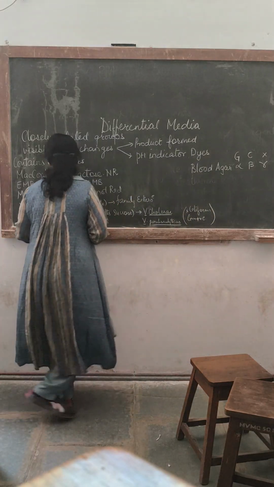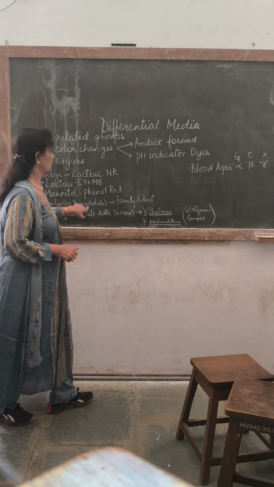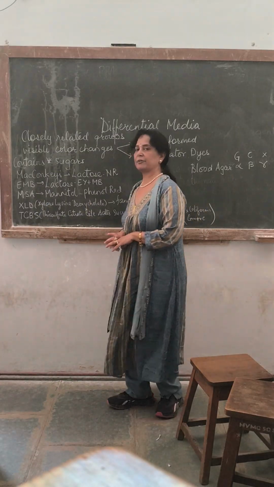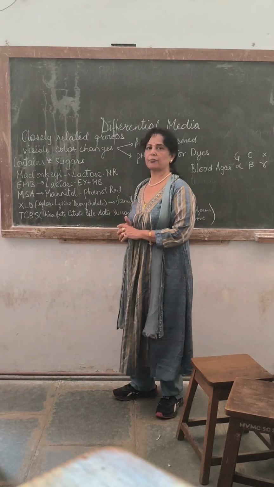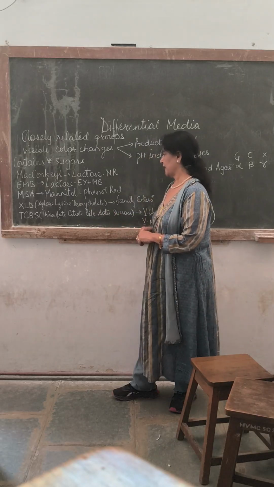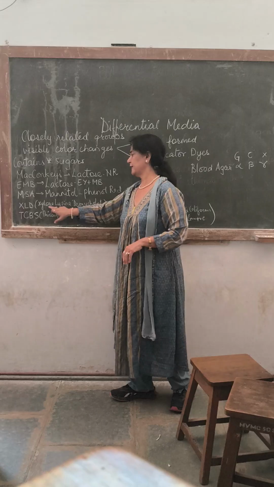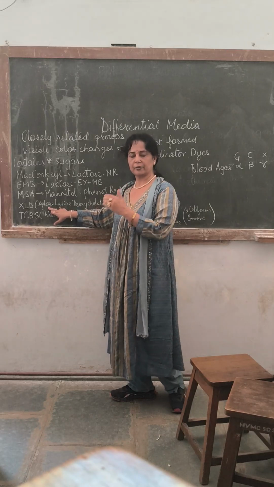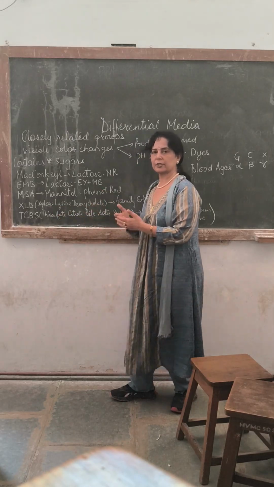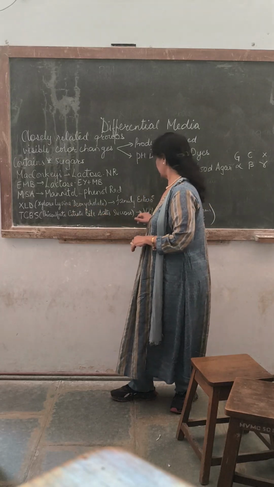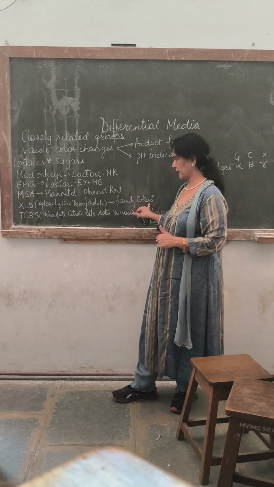The next is XLD, that is xylose lysine deoxycholate agar. This agar is specially made for identification of the members of the family Enterobacteriaceae. Here the xylose fermentation is given more emphasis, and xylose fermentation will be observed, and because of the different color changes and visual observation we can find out the members of the Enterobacteriaceae family.